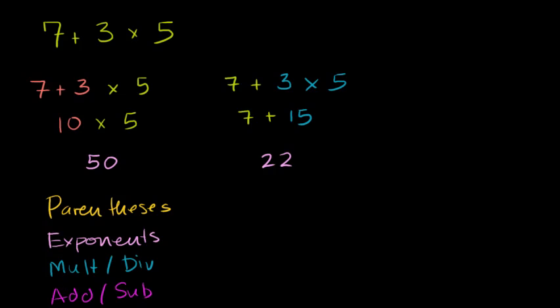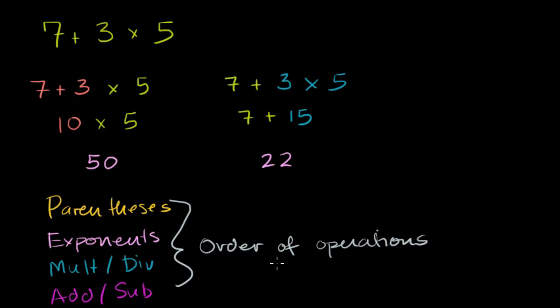So what is this order of operations? Let me label it. This right here, that is the agreed upon order of operations. And if we follow these order of operations, we should always get to the same answer for a given statement. So what does this tell us? What is the best way to interpret this up here? Well, we have no parentheses. Parentheses look like that. Those little curly things around numbers. We don't have any parentheses here.